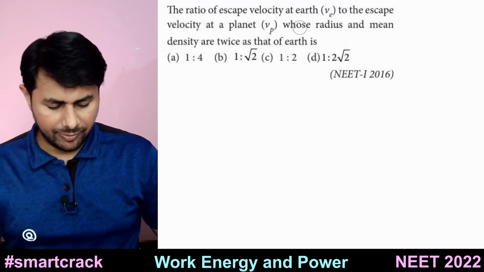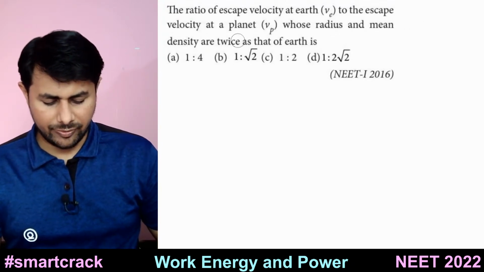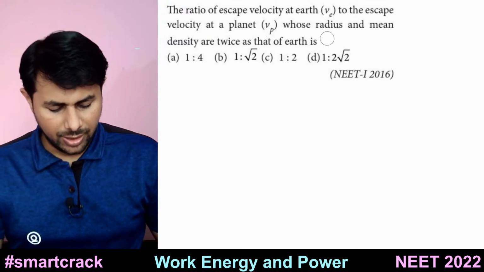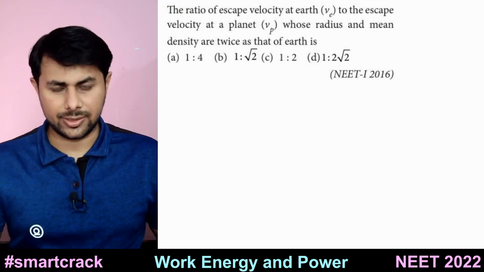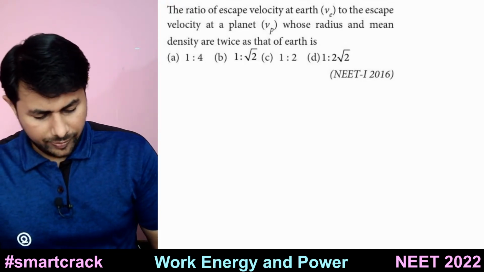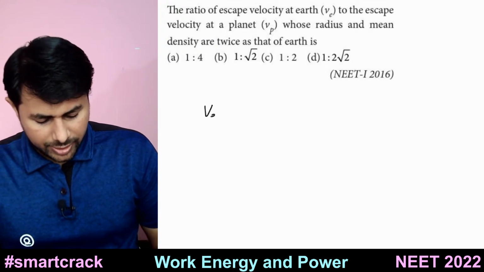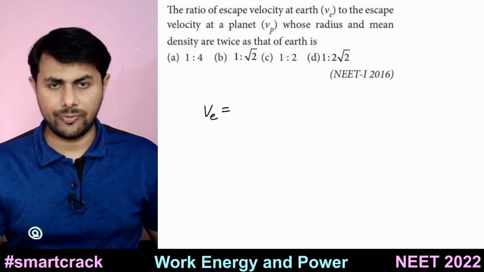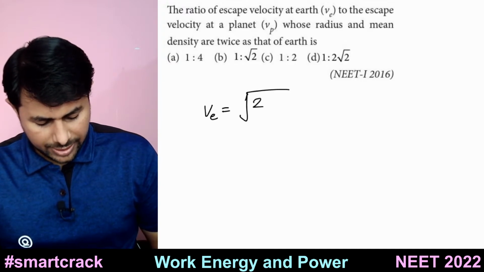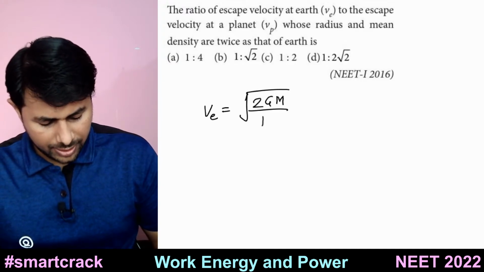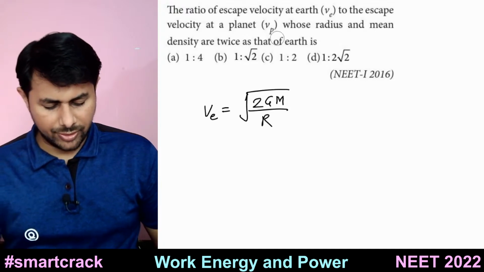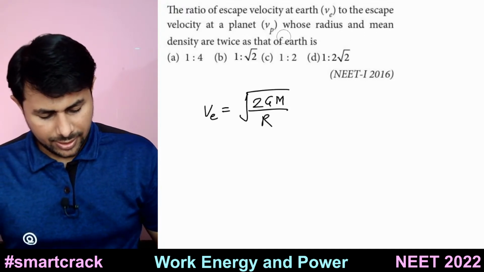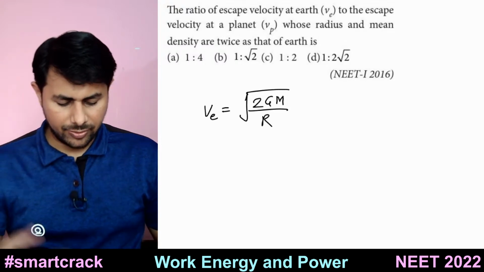So the ratio of escape velocity at Earth to the escape velocity at a planet Vp whose radius and mean density are twice as that of Earth is. This is the question. So escape velocity, what is the formula? Escape velocity is square root of 2 times G into M over R. And what's the question? So the escape velocity on Earth to the escape velocity on a planet whose radius and mean density are twice.